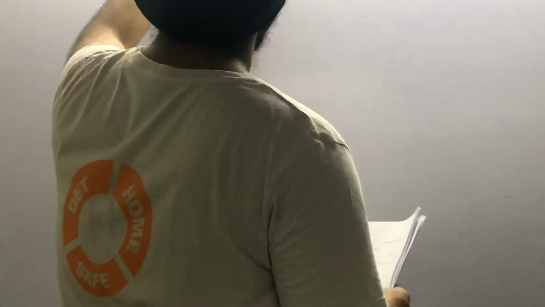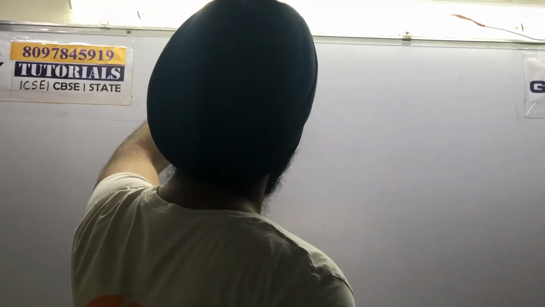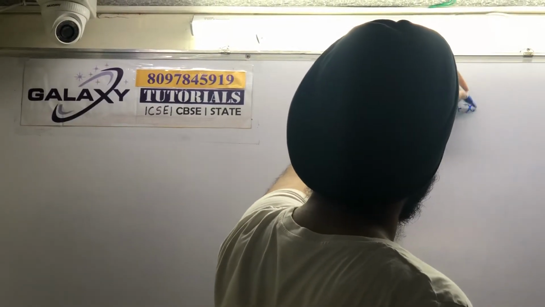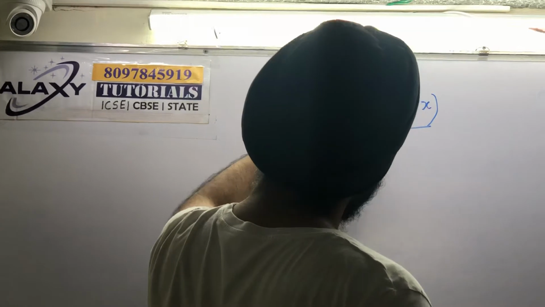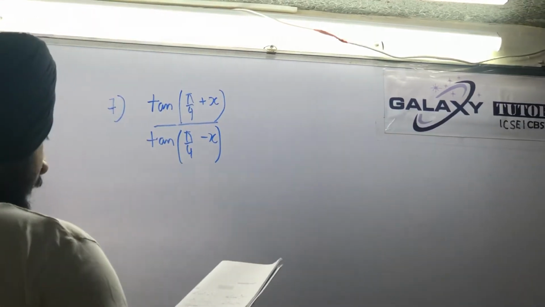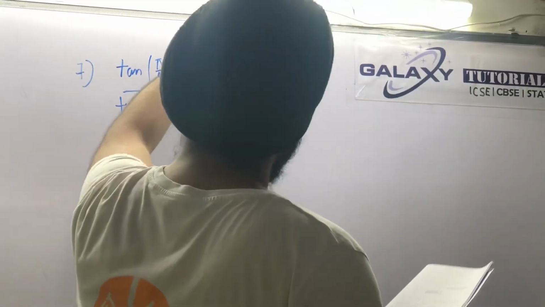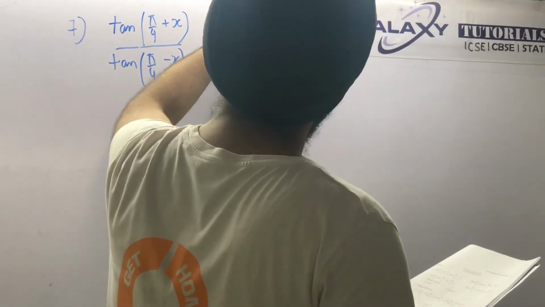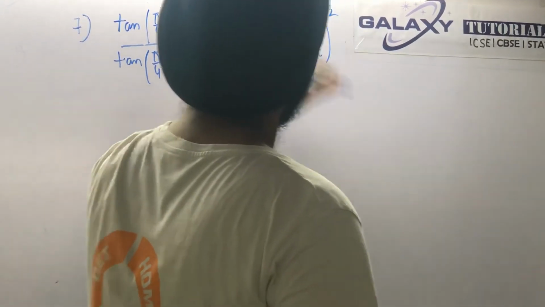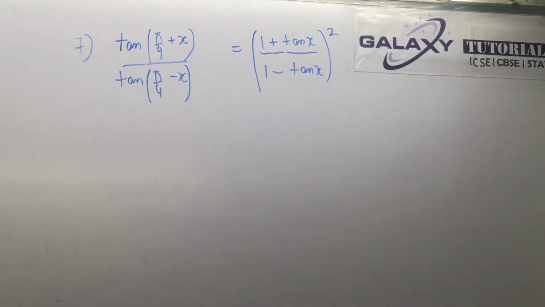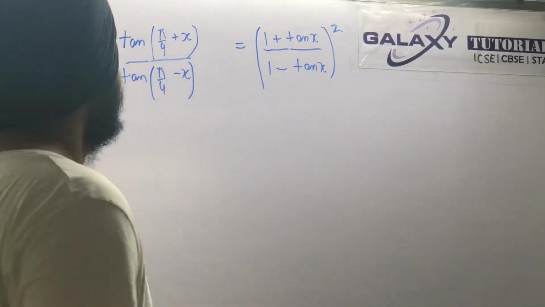Okay, next question we will see now. Next question is tan pi by 4 plus x upon tan pi by 4 minus x is equal to 1 plus tan x upon 1 minus tan x whole square.